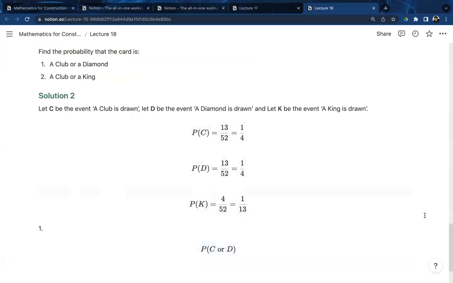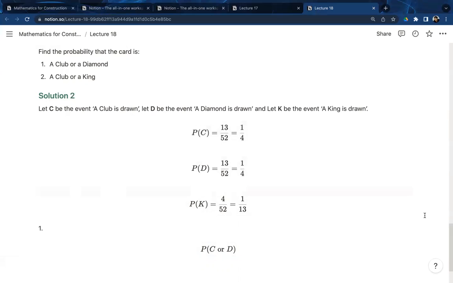Now think about it, right? If I tell you, deal one card from a pack of 52 cards, and if the card you give me is a club or a diamond, I'll give you $10. Now, what are the odds of getting that? Just think about it. How many cards are clubs or diamonds? If you get a club, I'll give you $10.